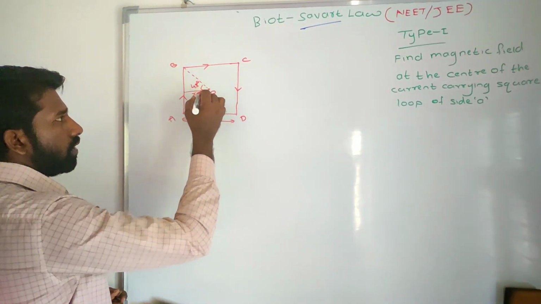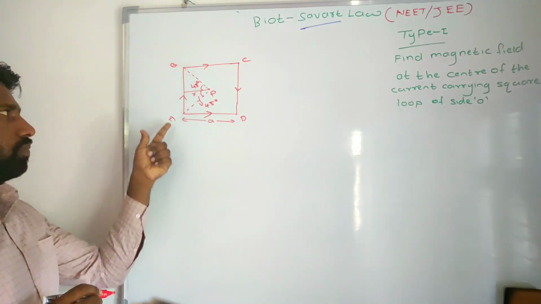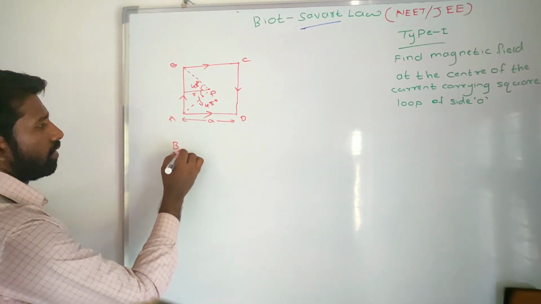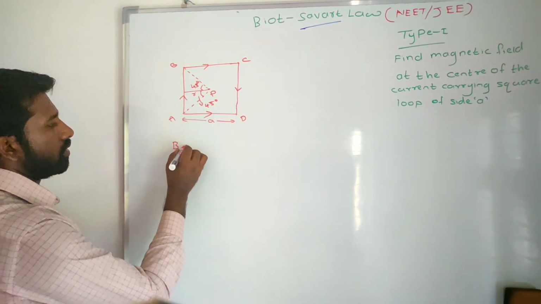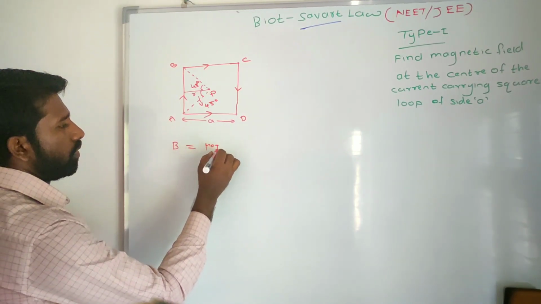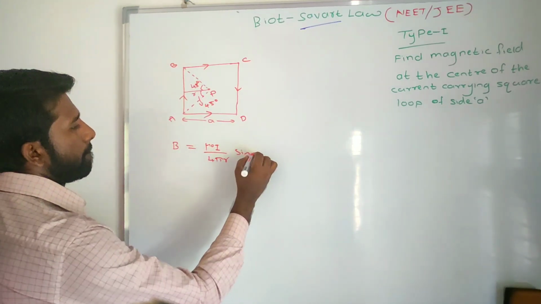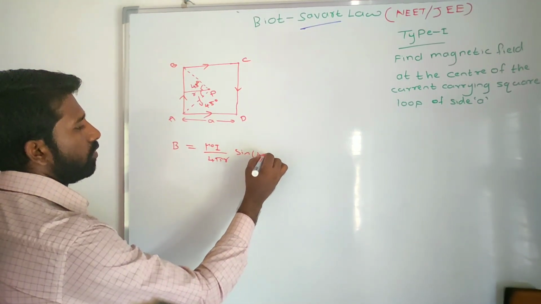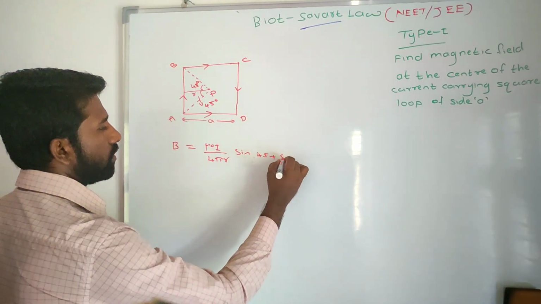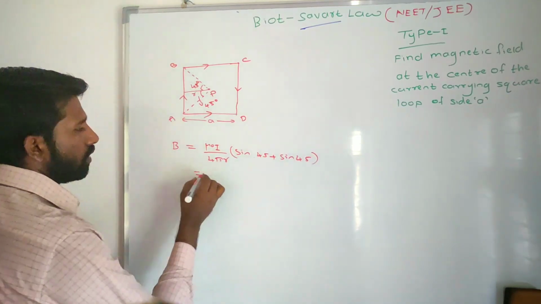So now I will find the magnetic field produced by this AB at P. That is the magnetic field due to AB, which is mu 0 I by 4 pi r into sin phi 1 plus sin phi 2. What about the phi 1 value? 45. That is also 45. Clear?